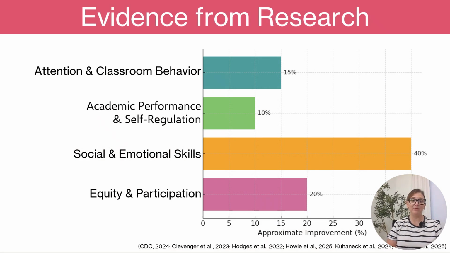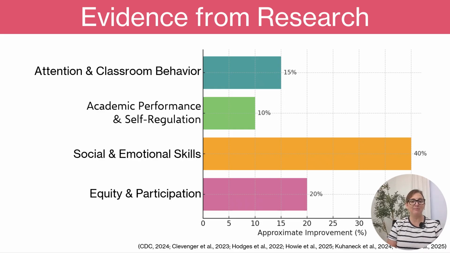When we look at the numbers, the impact of recess becomes even clearer. Studies have shown that after consistent daily recess, attention and classroom behavior improve by roughly 15%, meaning students are more focused and less disruptive. Academic performance and self-regulation rise about 10%, reflecting how sensory movement supports readiness for learning. Perhaps the most striking, social and emotional skills increase by up to 40% when children have regular opportunities for play.